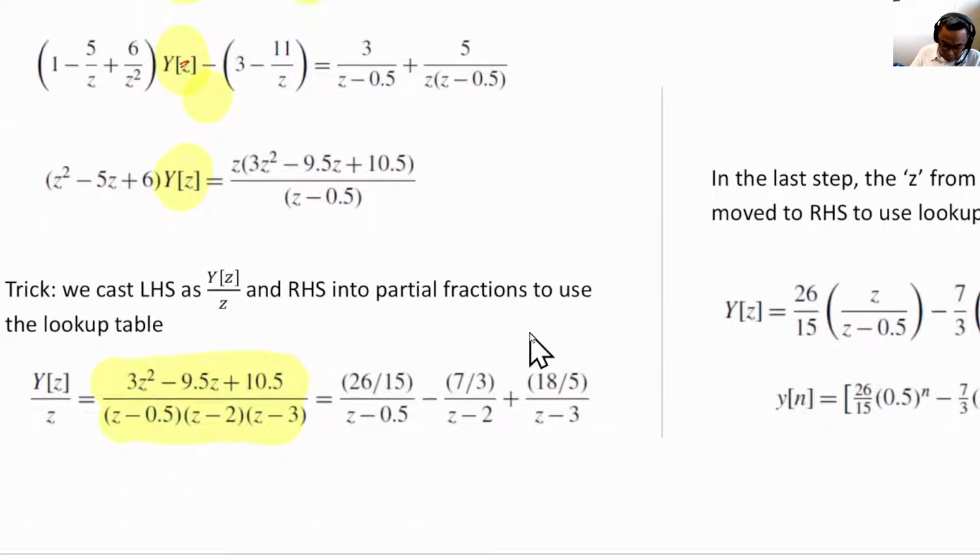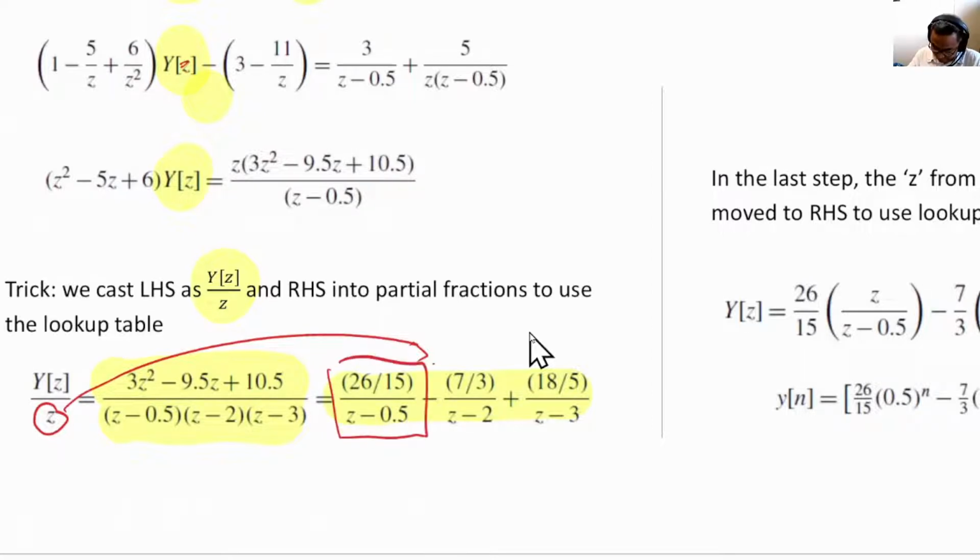Again, the trick is to make the left-hand side Y(z) over z when you are doing the partial fraction expansion, because later on we have to move the z to the right-hand side again, such that the Z-transform table lookup exists for that partial fraction. So later on you realize that this z will be moved here such that we can do the table lookup.